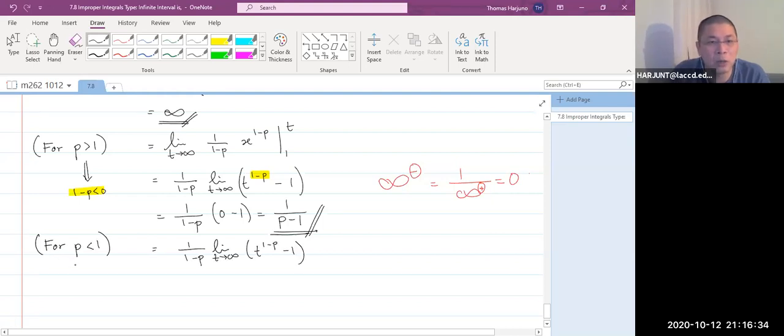If p is less than 1 means 1 minus p is positive, 1 minus p is positive. And then this will go to infinity instead.